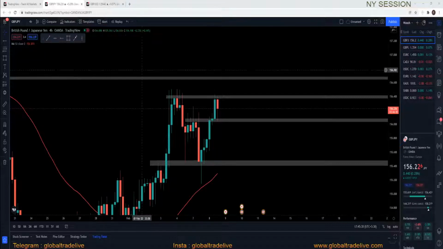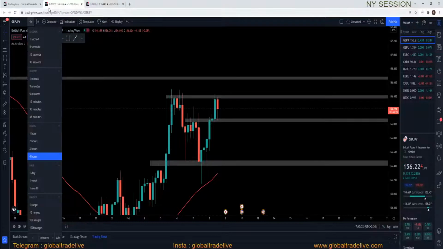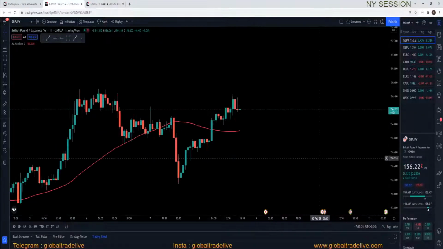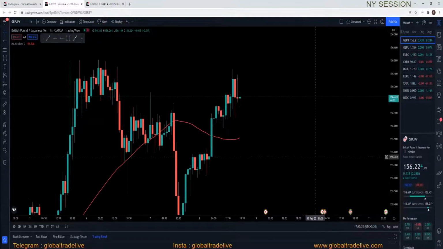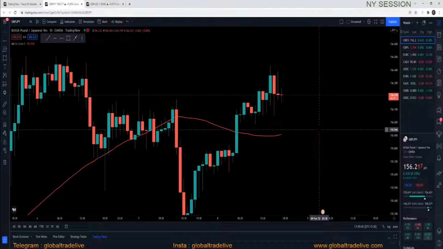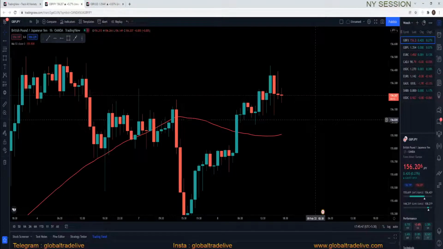Right? So let's go to the trade execution time frames. 1 hour, 30 minutes, let's say. Let's see what is going on in these time frames. So now what can happen over here?